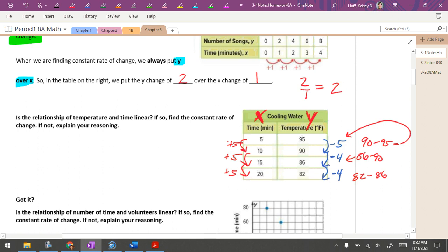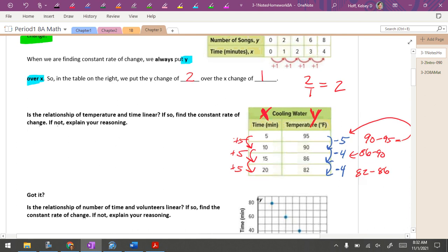So now we have to list our rates of change. Change in which letter goes on top? Y. So our first change in y is negative 5, and the first change in x was positive 5. That's why I highlighted these the same.